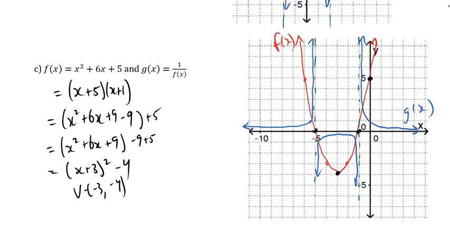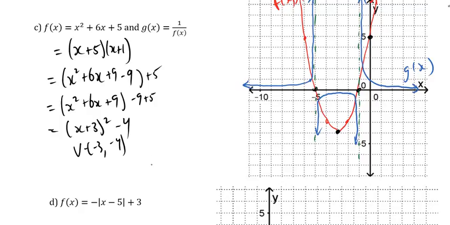Some of the questions ask you to identify the asymptote. So how would I do that? Well, this one has one at x equals -5 and x equals -1. Those are the vertical asymptotes. That's usually what it asks you.